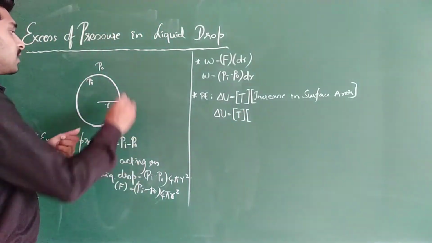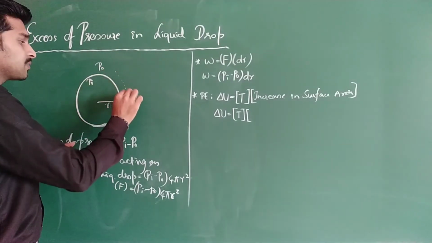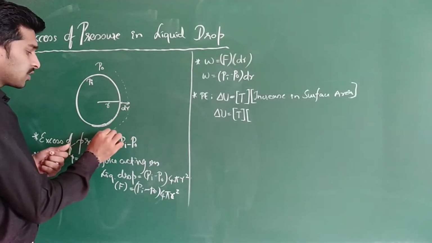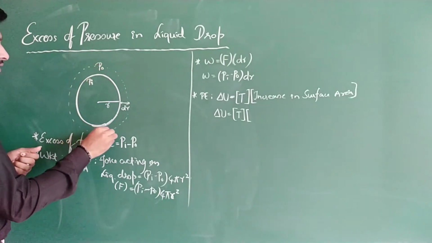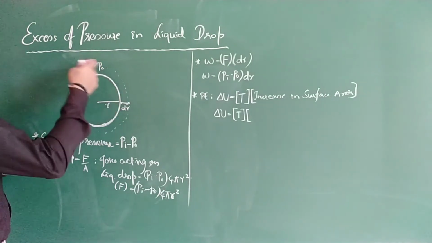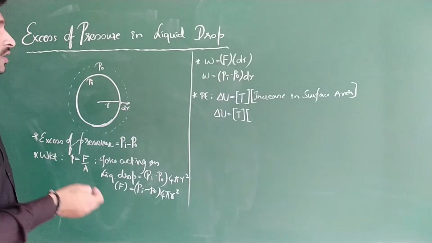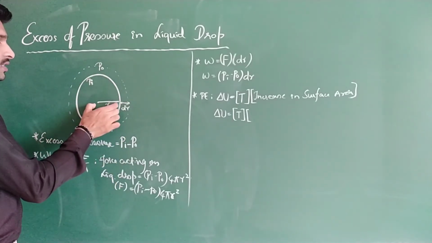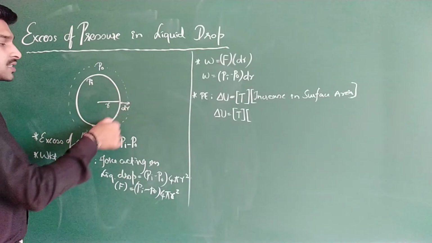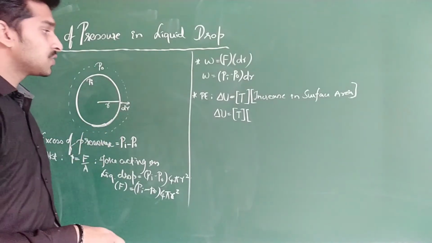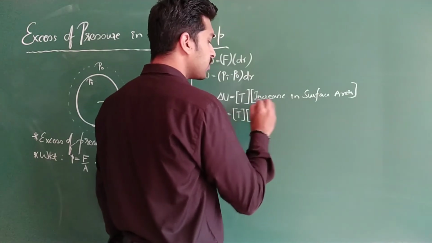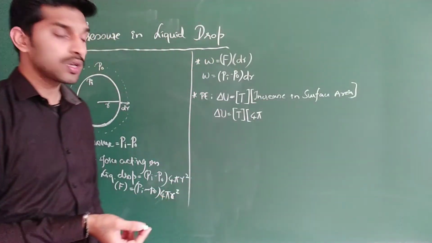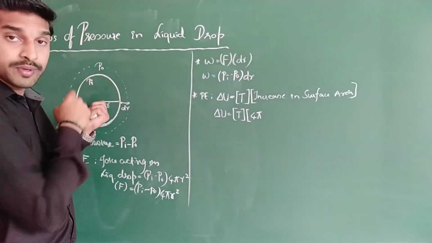Listen, now the new surface area will be like this dotted line above this solid line. So this surface area minus this surface area will give me the increase in surface area. So what I am going to write: we know that 4 pi r square is the surface area of a sphere.